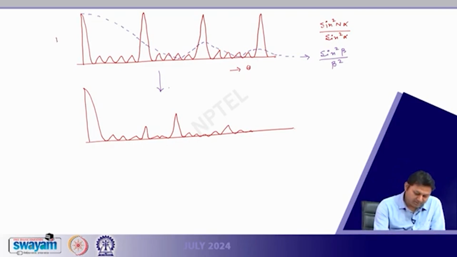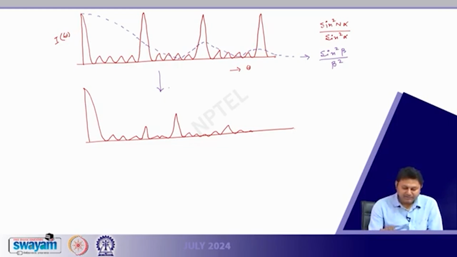So I plot here I, that should be a function of theta with this form, and this is the combination of this. So here also there is a possibility, like in this case, that the maxima of one spectra is coinciding with the minima of another.